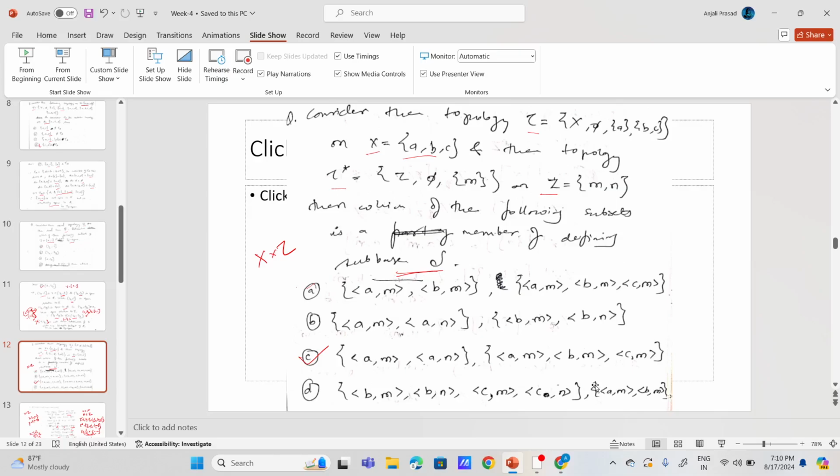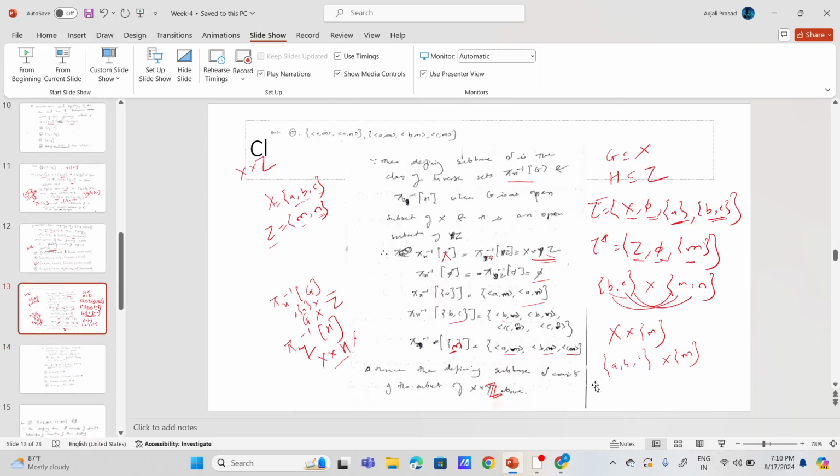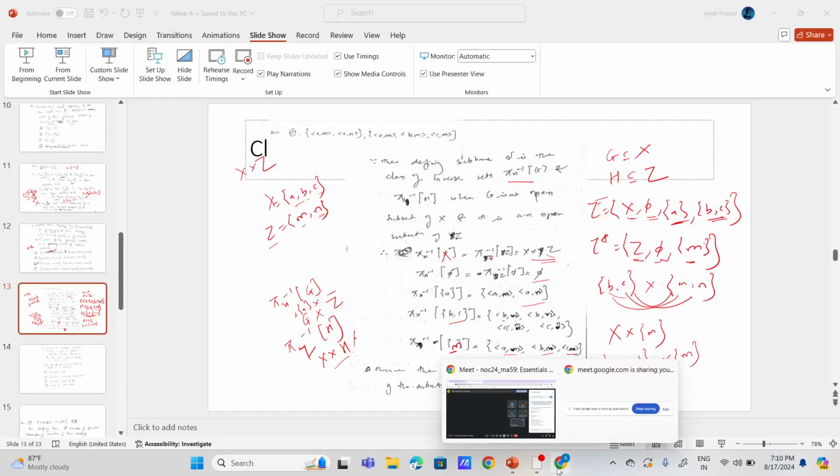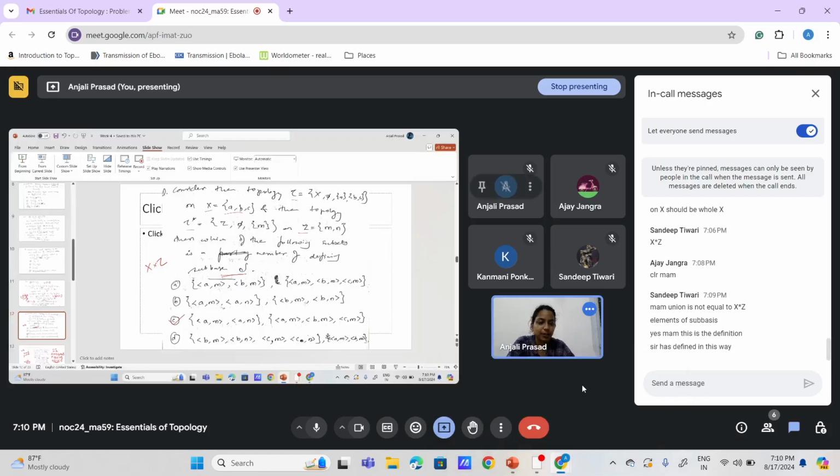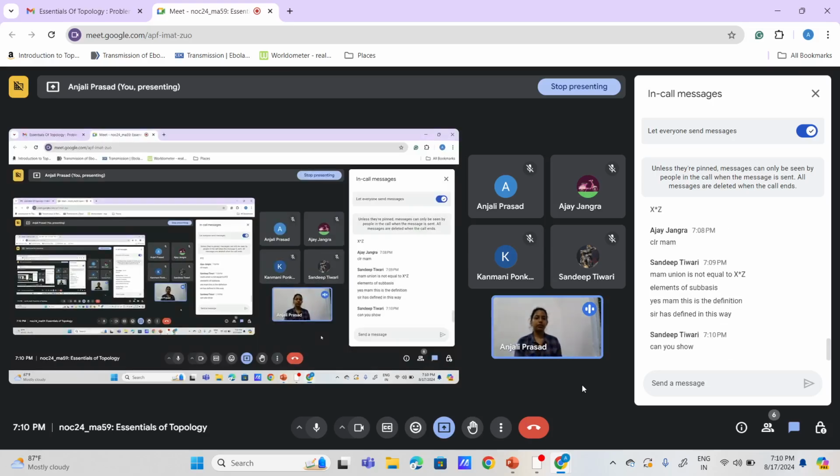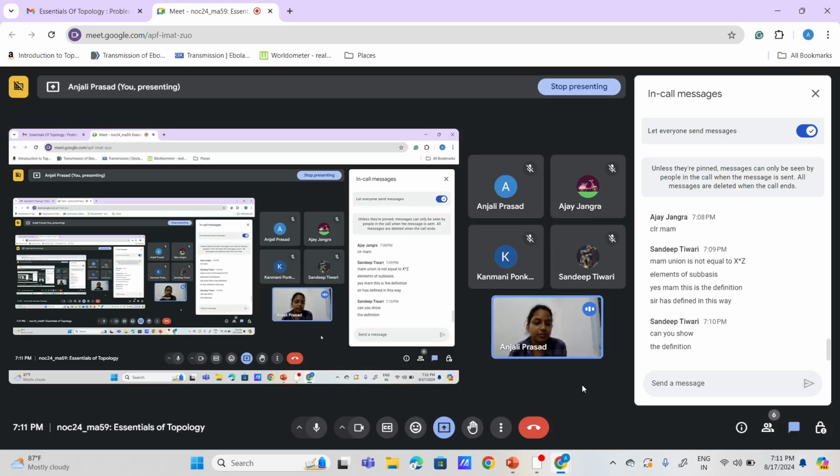No, it is not the definition. Please check it once again. And if you still have any doubt, sir defined it, but it was for basis, not for subbasis. Yes, it's true that its union should be X cross Z, but it is for basis, not for subbasis. Currently, I'm not having the definition here, but okay, let me check.